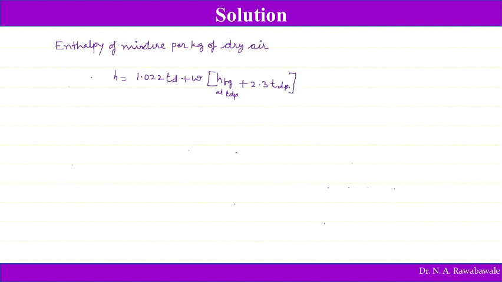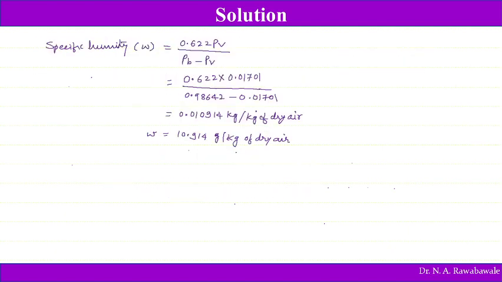So now we know this: 1.022 into dry bulb temperature, which is 30 degrees Celsius, plus 0.010914 into h_fg at the dew point temperature, which is 15 degrees Celsius, which we have calculated.